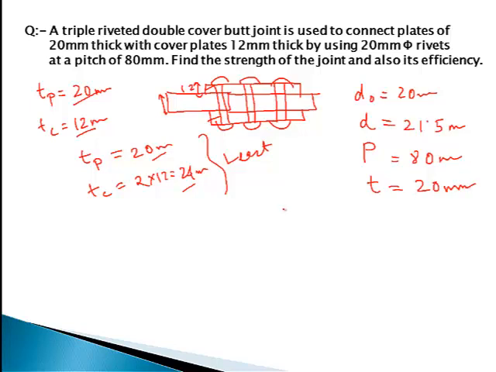Next, what do we have to find out? The strength of the joint and efficiency. So you have to find out PT, PS, PB.